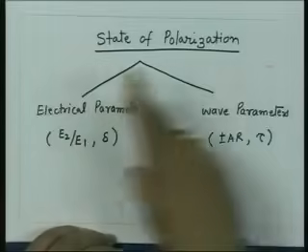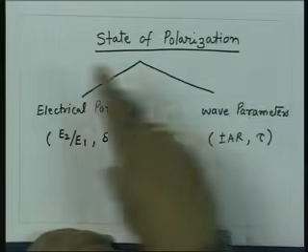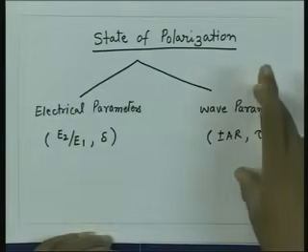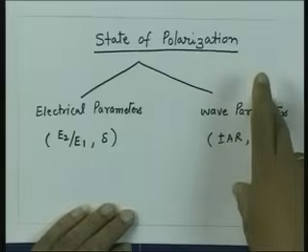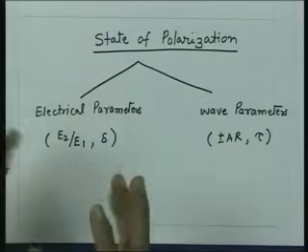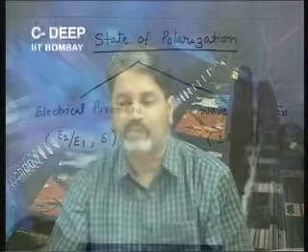So, this problem from here to here will be more like an analysis problem, but from here to here will be more like a synthesis problem, because this will define the need which we want for polarization, and then we would ask what should be the electrical system parameters, so that that particular state of polarization will be generated when the wave is launched. So, we will see the relationship between these two parameters.